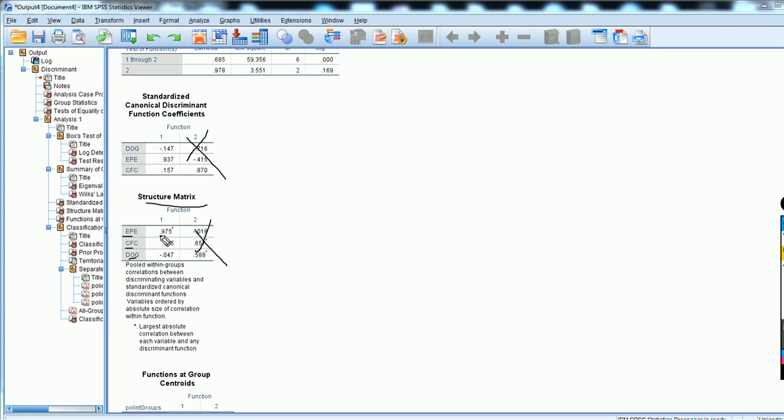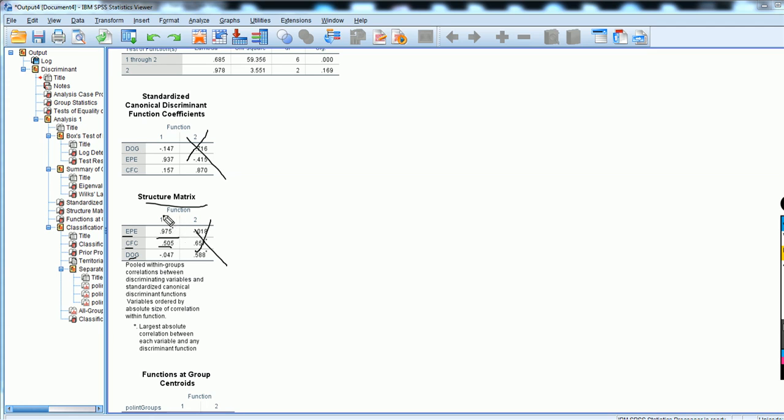So what I can do at this point is look at these correlations between each of my predictor variables and the function and give that function a name. So we see that external political efficacy is highly positively correlated with function 1, followed by consideration of future consequences. And you can see that dogmatism is not particularly related to that particular function. It's correlated even slightly negatively with that function.